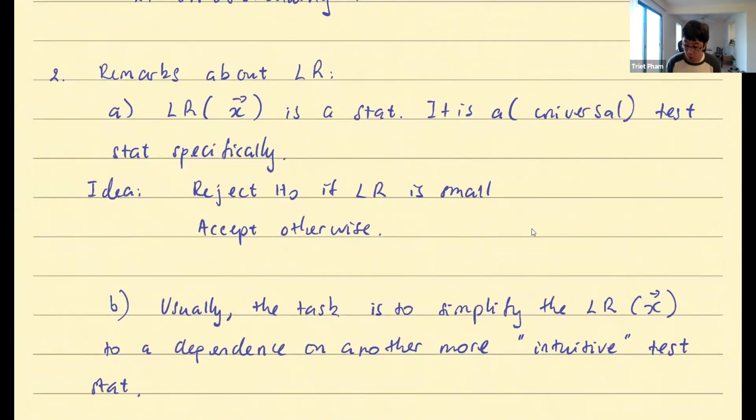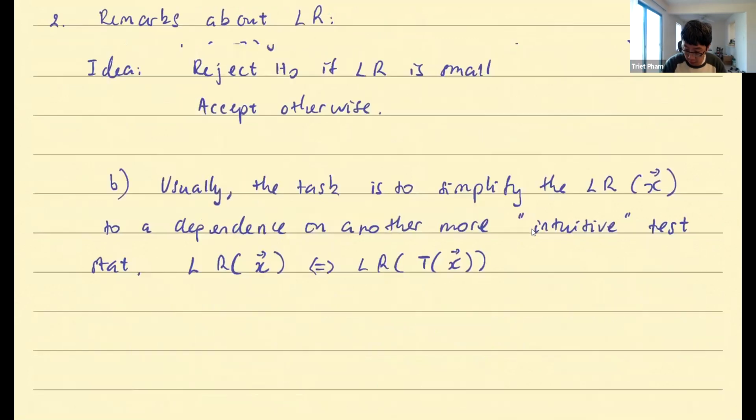Okay, so in other words, you try to do something like this. This T of X is the test stat you want to use. What does that mean? Let me give you a big picture.